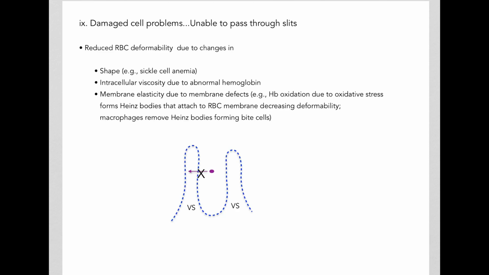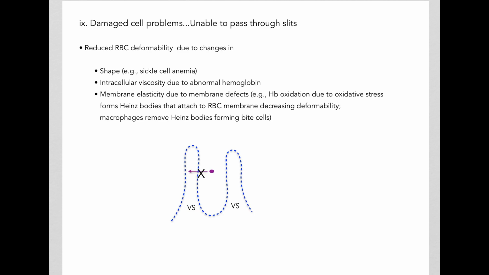And another reason why these red blood cells that are damaged or old simply hang around here and wait for their destruction by macrophages is because they cannot enter these slits that are found in these venous sinusoids.